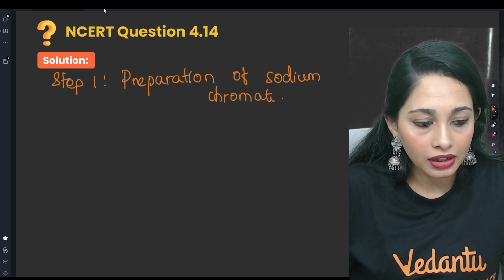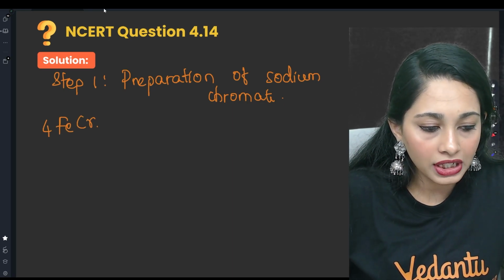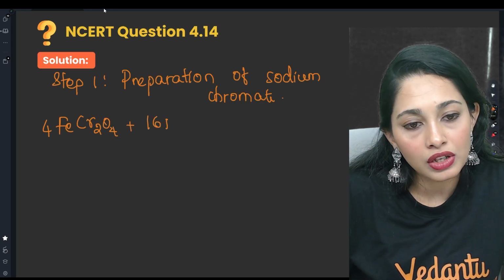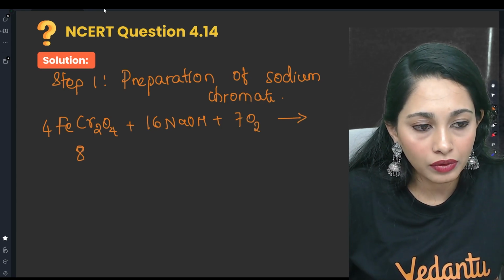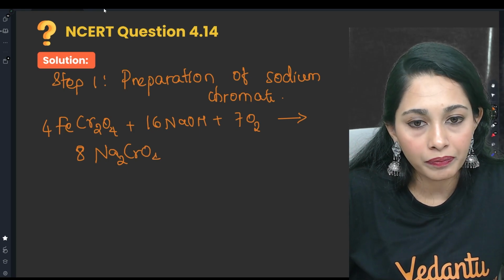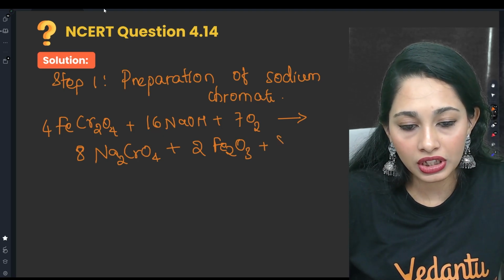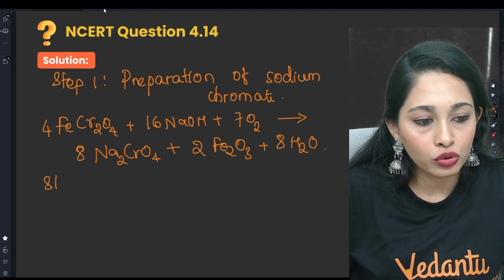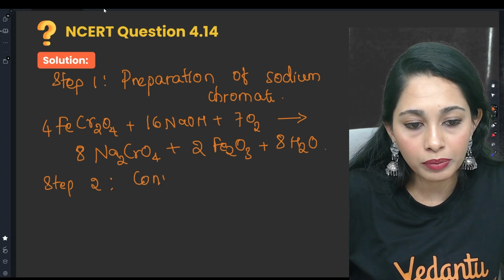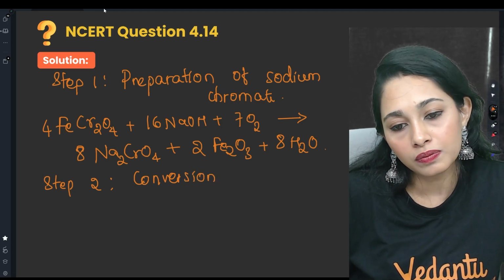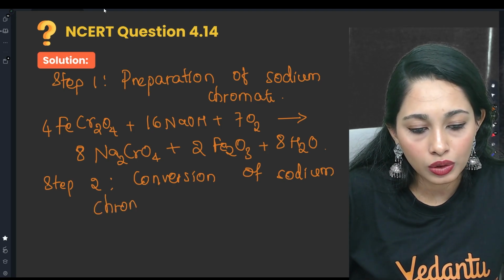Here, what are we going to do? We are going to make this iron chromite ore react with sodium hydroxide, that's caustic soda, and oxygen, and it will be converted into sodium chromate. Along with that, Fe2O3 and water are the products. Step 2: we have sodium chromate now, so we are going to convert sodium chromate into sodium dichromate.